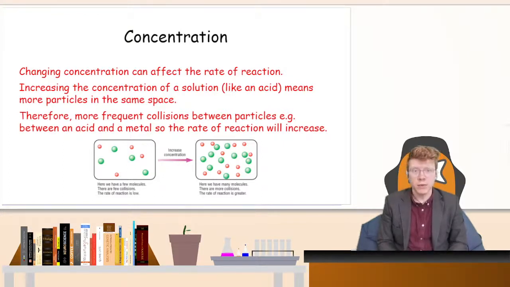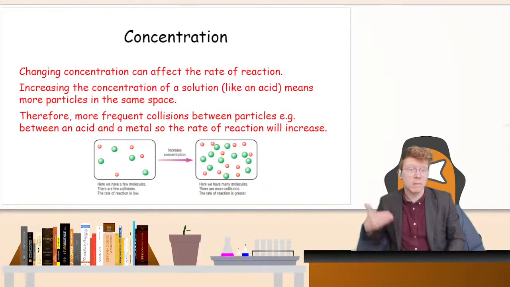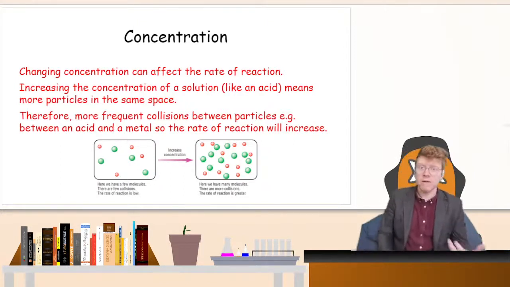When we go back to class, we'll have a look at different moles of hydrochloric acid, and what that really is is concentration: how many particles of hydrogen and chloride are present in the water of the acid. You can get things that are 0.5 moles, which isn't super concentrated, all the way up to, say, 2 moles, which would be 4 times as concentrated as the 0.5 mole solution.